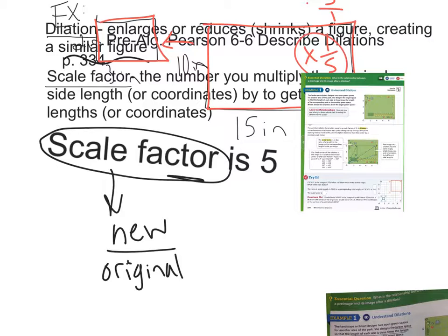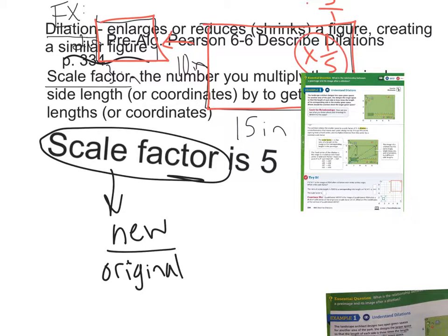Like if my new number was 2 and my original number was 3, I'm just going to leave that as 2/3, because 2/3 is a repeating decimal if I divide it out. If it was 3 and 6, 3 over 6, if you divide that, you get a half or 0.5. Either reduce the fraction or, in that case, a decimal would be okay as well. But again, it's the new divided by the original.